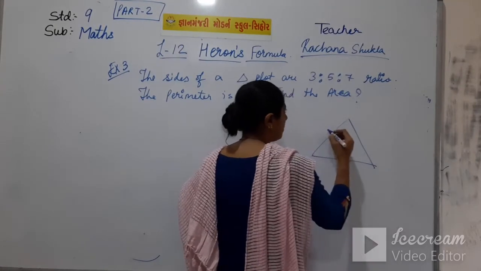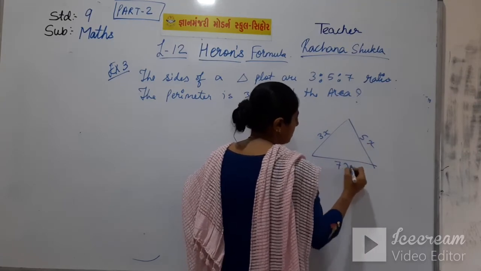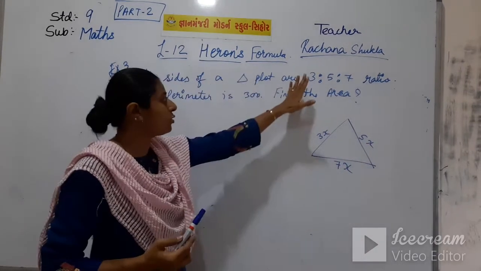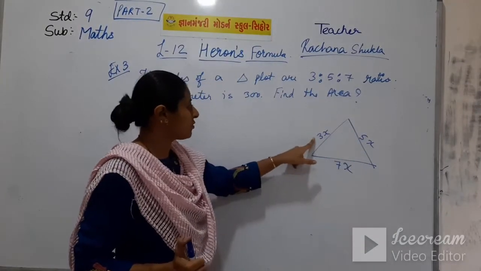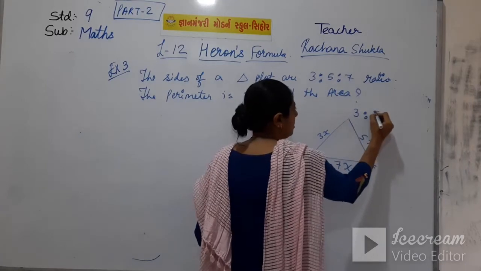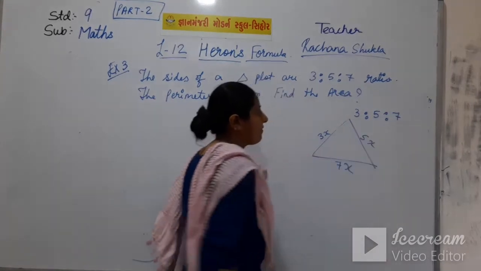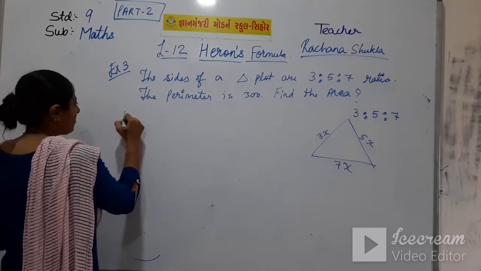This is the triangle with sides 3x, 5x and 7x. Because if we want to use the ratio, we put x, that is 3x, 5x and 7x, because the ratio is 3:5:7.